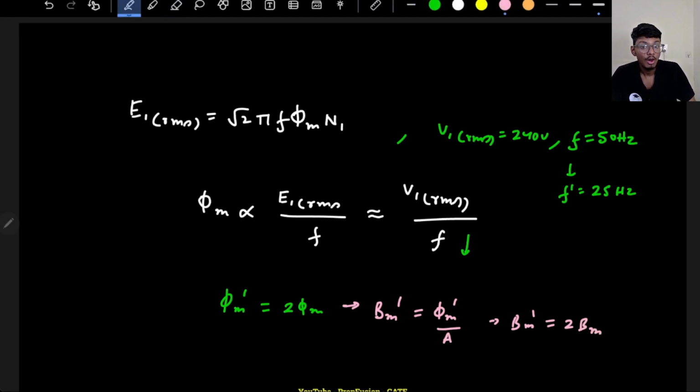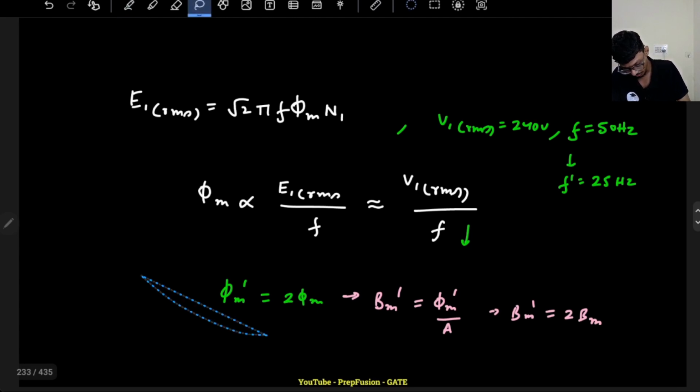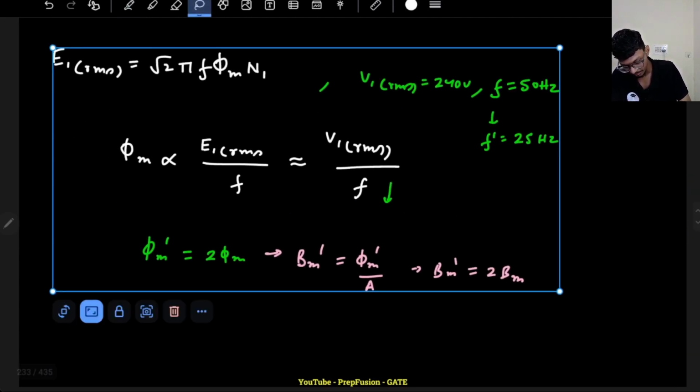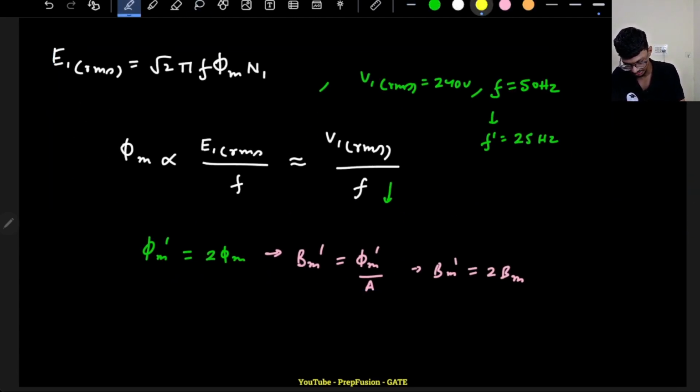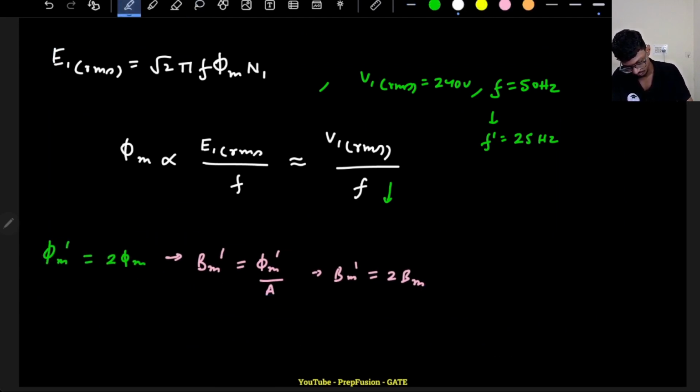Okay, this can cause a problem. What kind of problem? If you remember, my BH curve was something like this. In the BH curve, the hysteresis loop was somewhat like this.